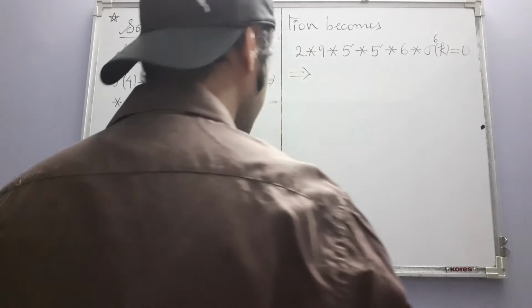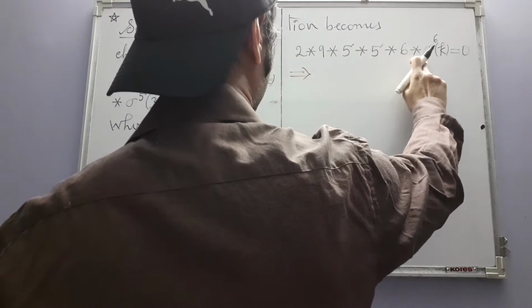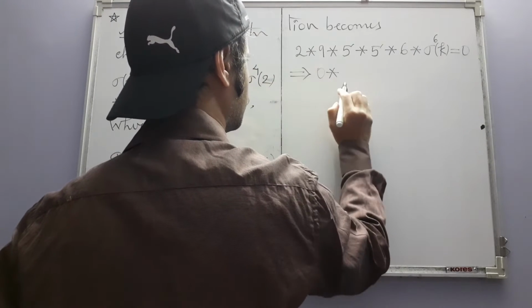And this ultimately turns out to be this part, except sigma to the power 6 of k turns out to be 0.